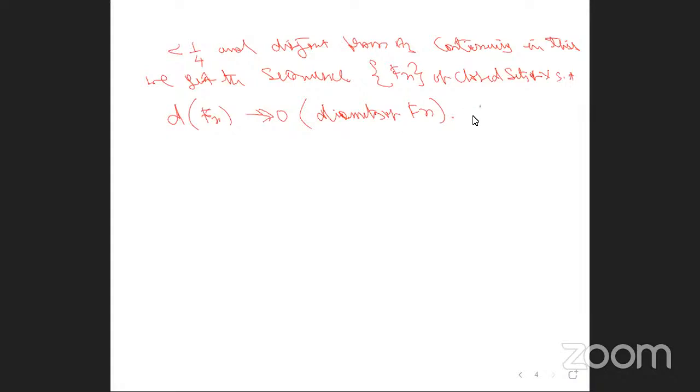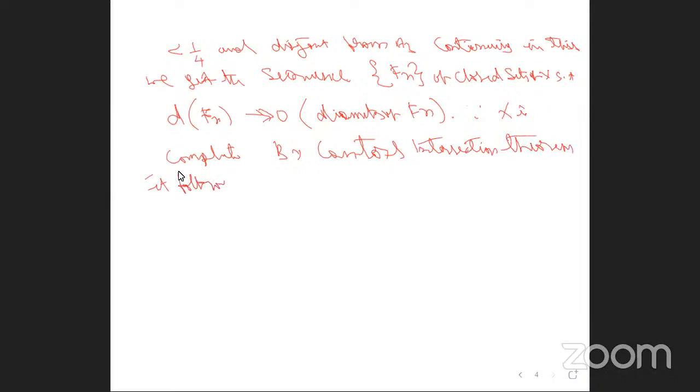Since X is complete, by Cantor's intersection theorem it follows that the intersection of Fn is not equal to the null set phi.